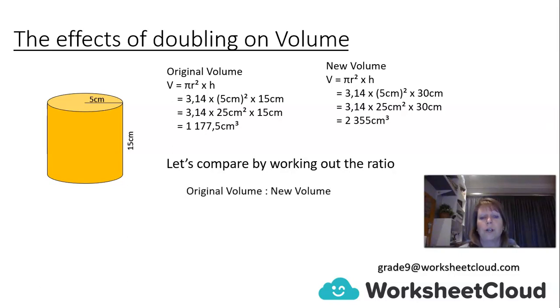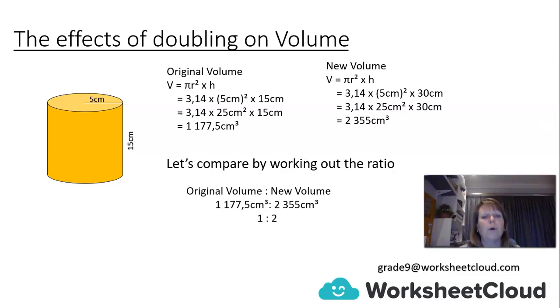So we've got our original volume, which is 1,177,5, and we've got our new volume being 2,355. And what we would do is we simplify them down until we've got our lowest number. And as you know, a ratio is just the same as a fraction. So if we divide the one side by 1,177,5, we divide the other side by the same and see what we get to.